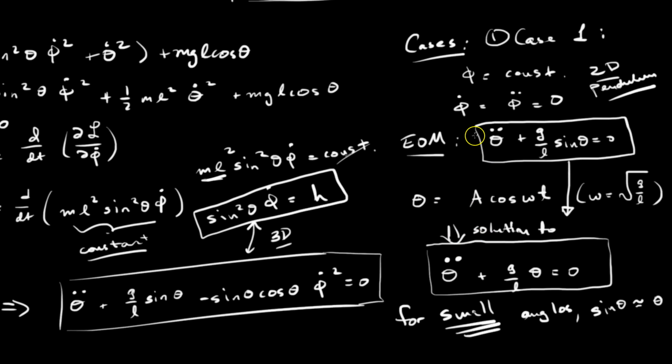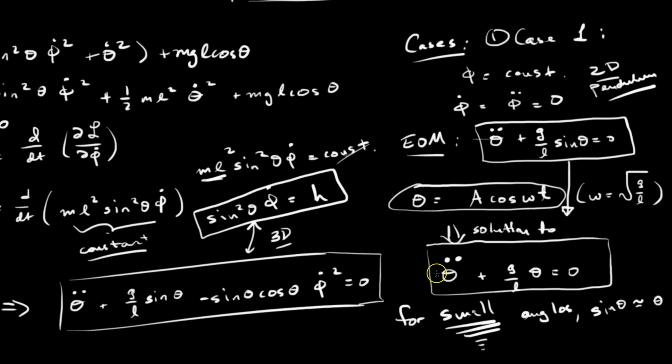Because if you want to solve this equation, it's nearly impossible. You would have to go into some kind of Jacobian amplitude functions and elliptic functions. So, in the solutions that we use in physics, we assume that there's a small angle.